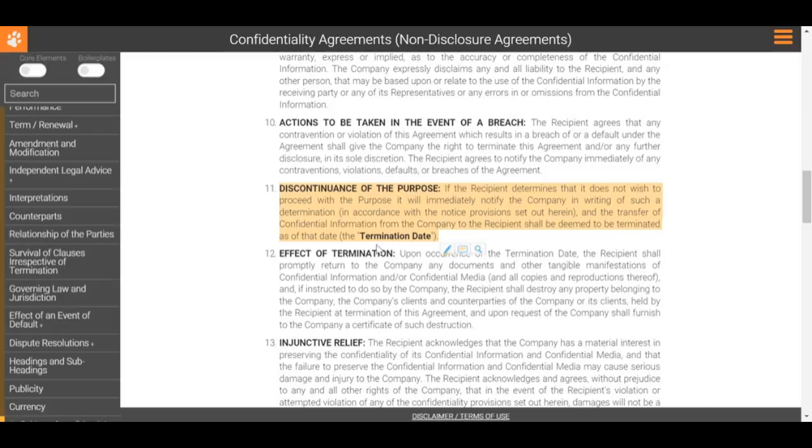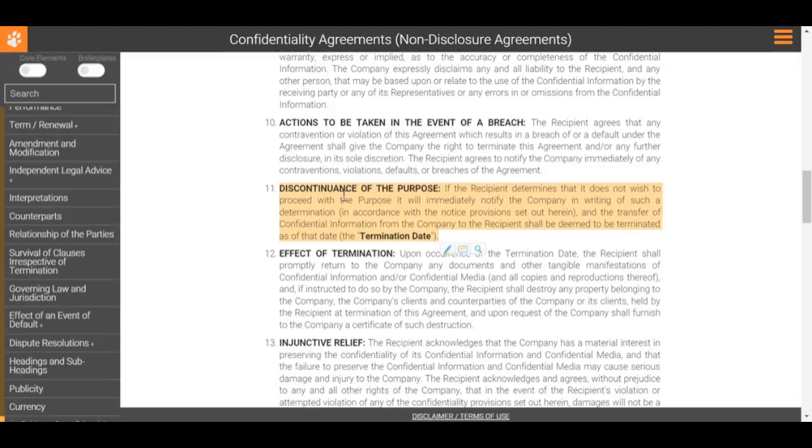So for a recipient, this is an important point, so that there's no open-ended situation of A, receiving confidential information, or B, a situation where the recipient is considered to be creating jointly created intellectual property, or C, possibly a non-competition provision might be in effect.